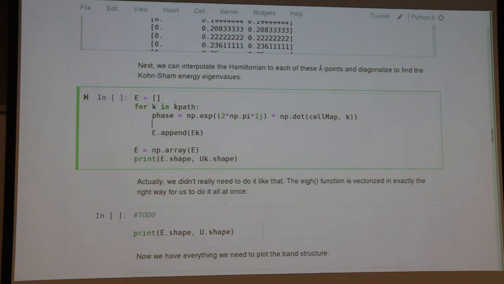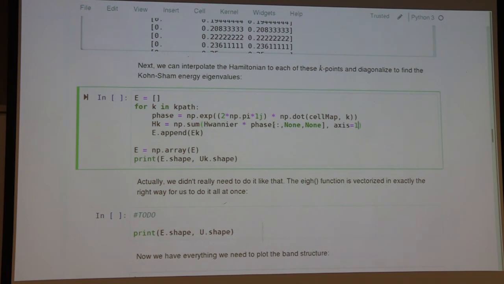Now once I have that phase, this is just going to be one number for each cell. I can compute my Hamiltonian at a particular k by multiplying h Swanee by the phase and then broadcasting that to the same dimensions, because the same phase applies to that entire 5 by 5 matrix, and then I sum this along axis equal to 1.